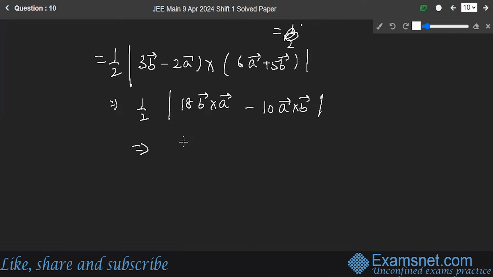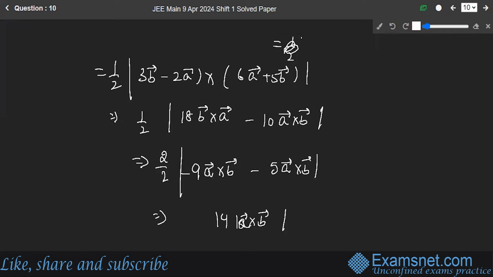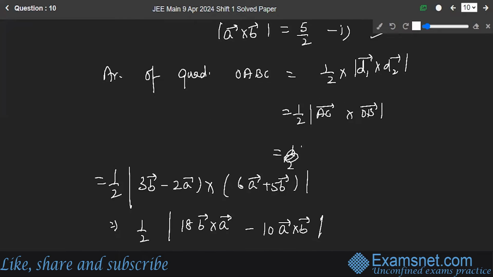I'm taking 2 outside, and also this is 9 minus this A cross B and minus 5 this. Okay, so this will give me 14 times the cross product of A and B. And we already solved the cross product of A and B. This is equal to 5 by 2.